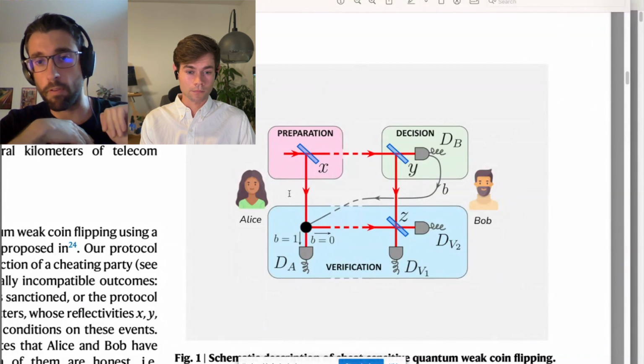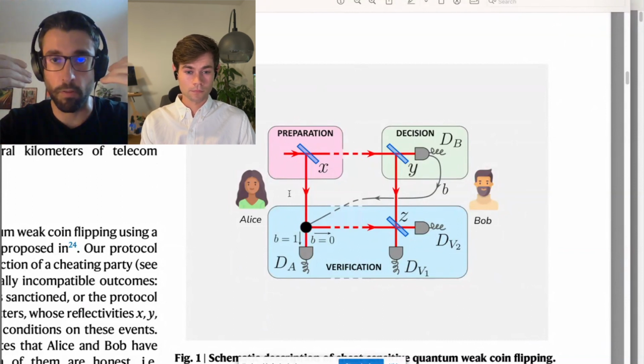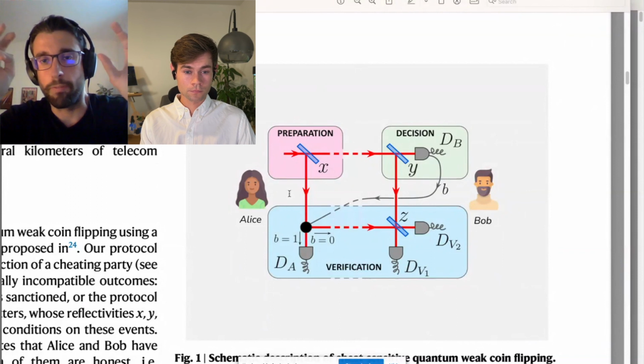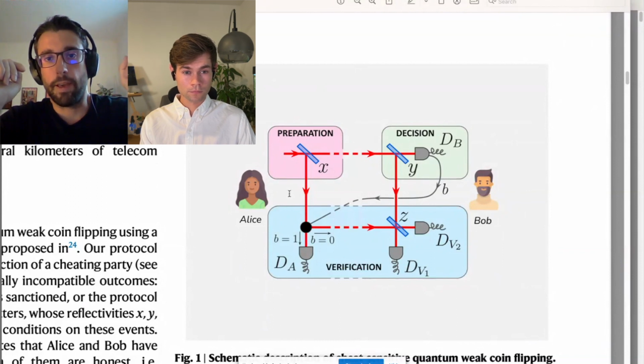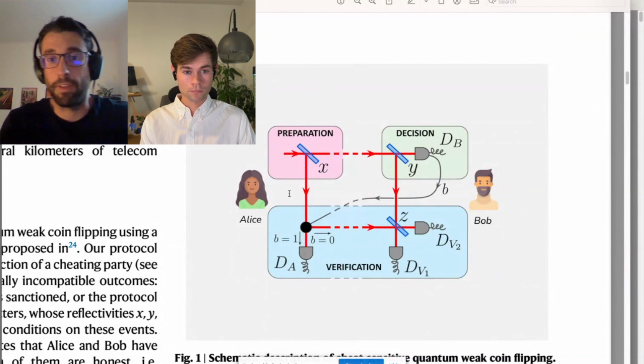What she can do, for instance, is simply send or not send the photon to Bob with some different probability than X. She can just basically change the X. And of course, you see intuitively that if Alice doesn't send anything to Bob, she has more chances of winning because Bob declares her the winner if he detects nothing.